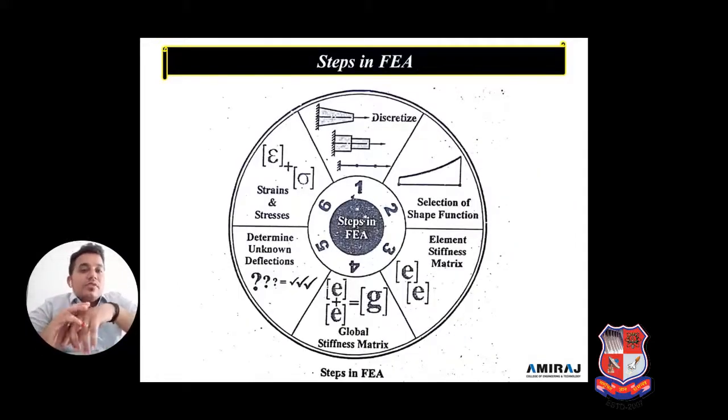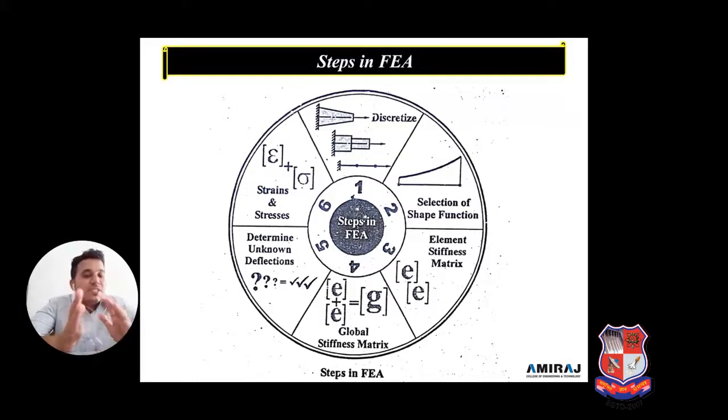Now, one of the most important questions frequently asked in GTU: the steps of FEA. These are the 6 steps we have to know. The first step is discretization, second is the shape function, third is the element stiffness matrix, fourth is the global stiffness matrix, fifth is determining the unknown deflection, and up to the end we have to find out the stress and strain.